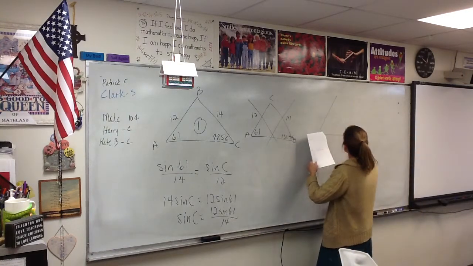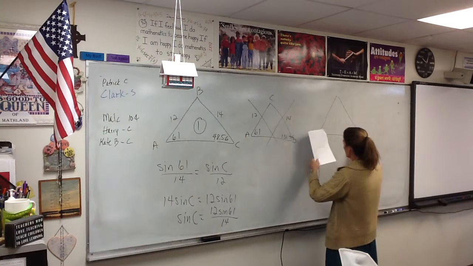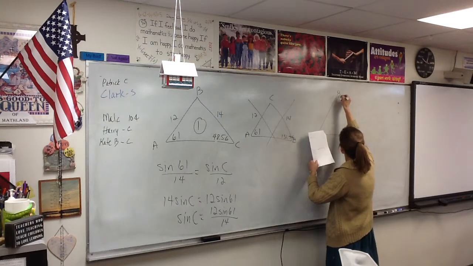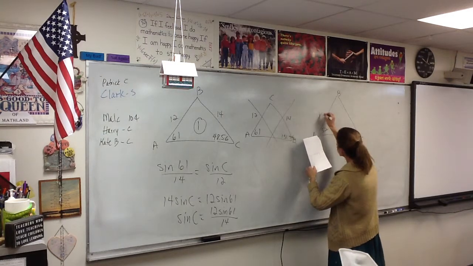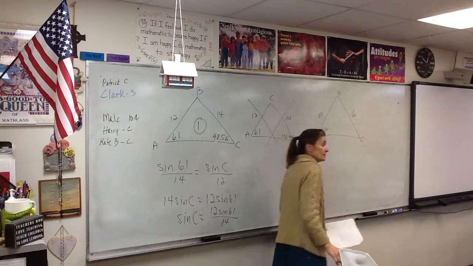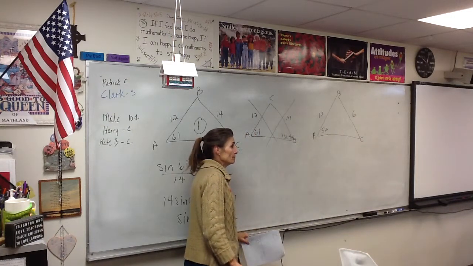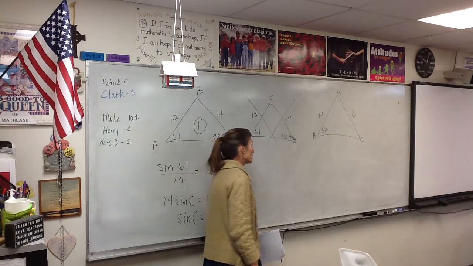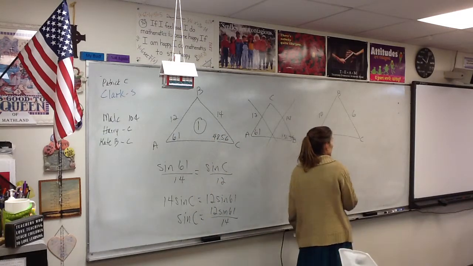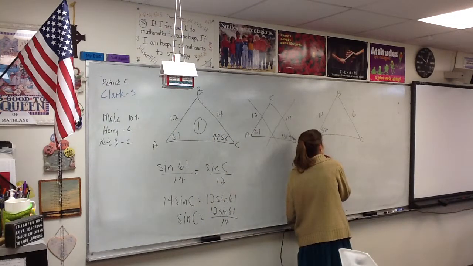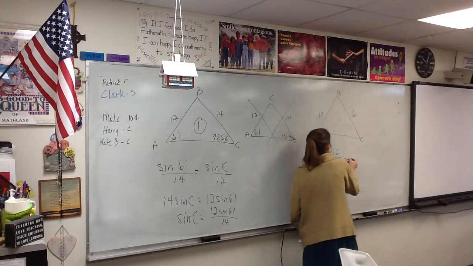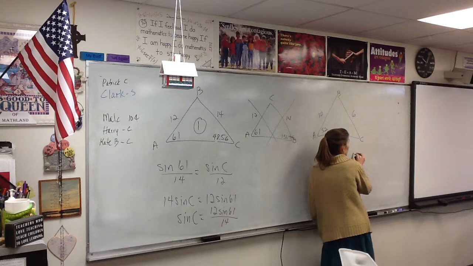Let's try the next one. Abby, pay attention here. Same exact directions. So what's the setup? Tyler Decker, give me the setup. Sine 52 over 6 equals sine C over 10.